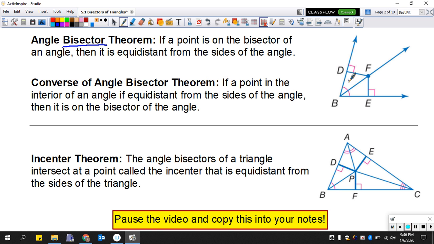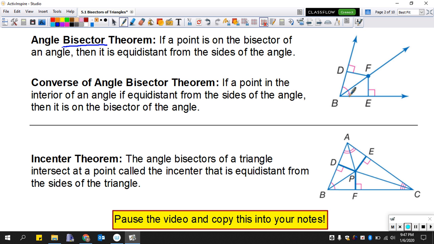So in other words, ray BF is the angle bisector of angle DBE. And what that does is that angle DBF is going to be the same measure as angle FBE. So a bisector cuts them in half. Both sides of the angle bisector are going to be equal to each other.